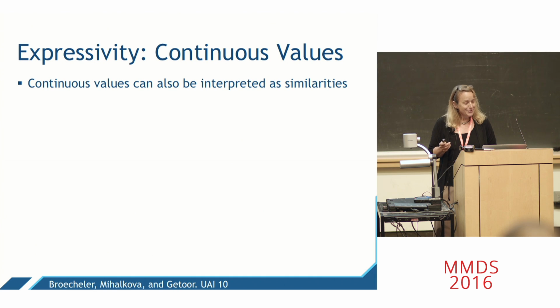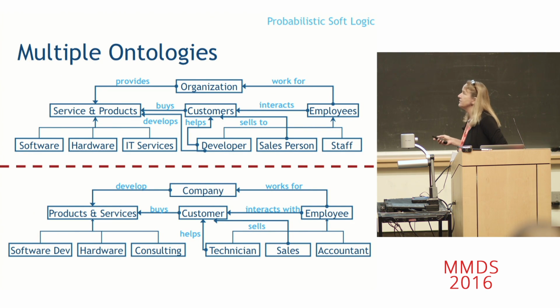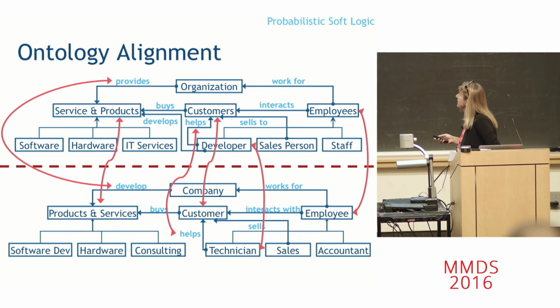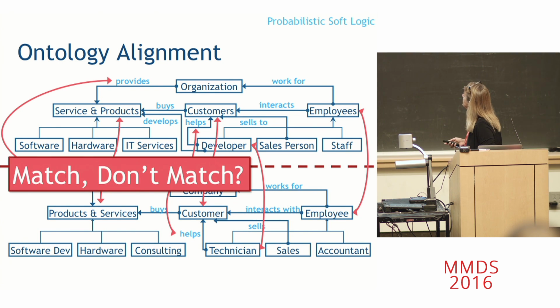And then the third interpretation, and actually the one that we started off with, was we wanted to reason about similarities. We were in the setting where we were trying to map ontologies and say which concepts map to each other, which relations and attributes and instances.